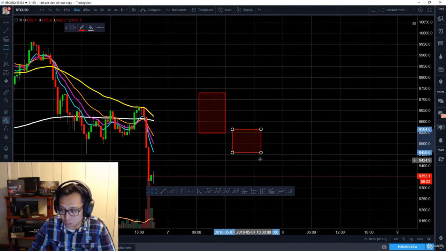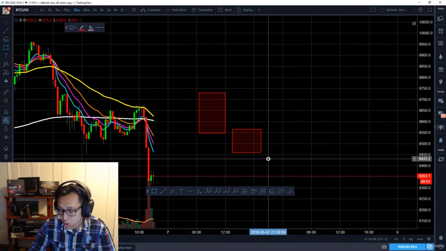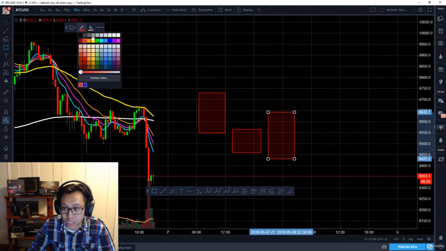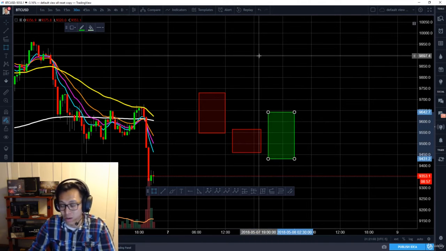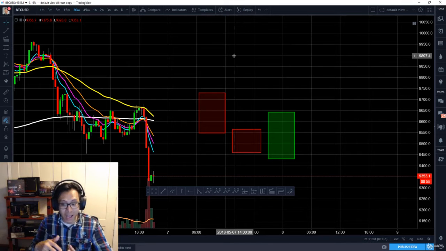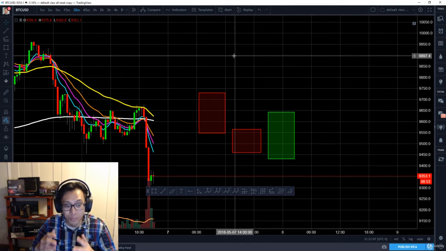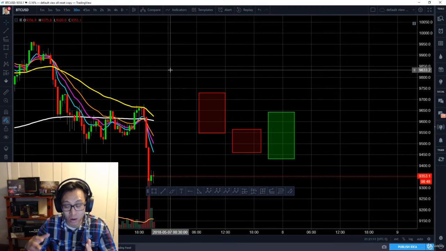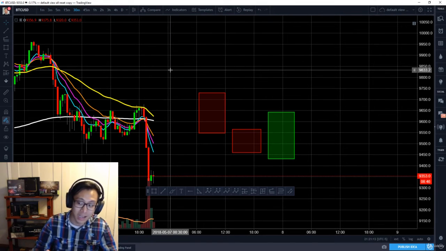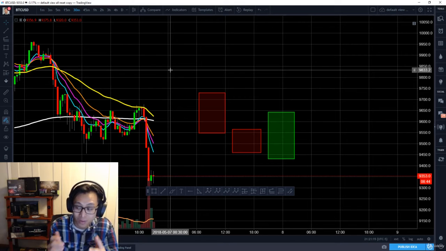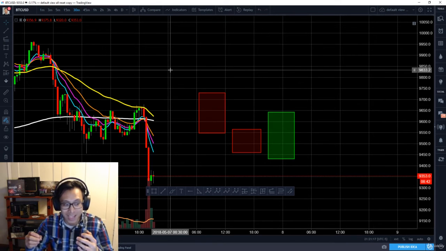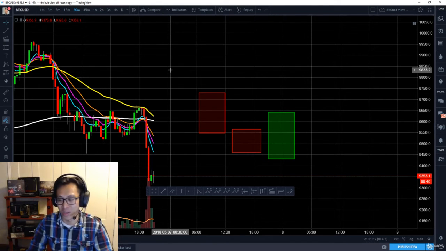And let's say the next one here is a really large, large green candle that's much bigger than the previous red candle. This one is called the bullish engulfing candle. The reason why it's called an engulfing candle is because it's eating up the previous candle. Think of it as a much bigger candle that's actually just devouring it. So that's how I see it.